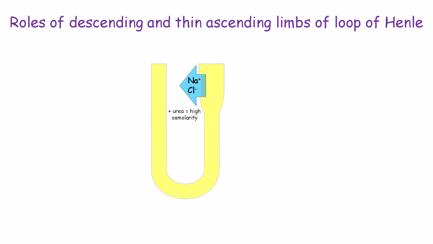When filtrate enters the descending limb, its osmolarity is similar to that of blood. But because the descending limb is permeable to water and impermeable to salts, water leaves the tubule by osmosis into the hyperosmotic interstitium. Its water permeability is due to rich expression of aquaporin channels.